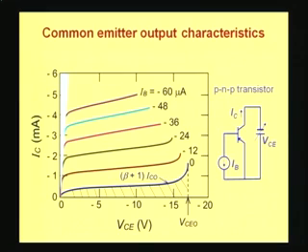Now this is somewhat misleading, because we would like to call the region where the current is increasing slowly, that is this region, the saturation region, because the characteristics tend to saturate. Unfortunately, for bipolar transistors, it is this light blue shaded region, where the current is increasing rapidly, which is called saturation.